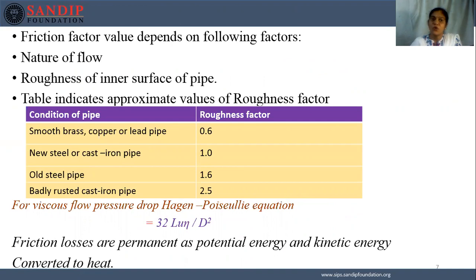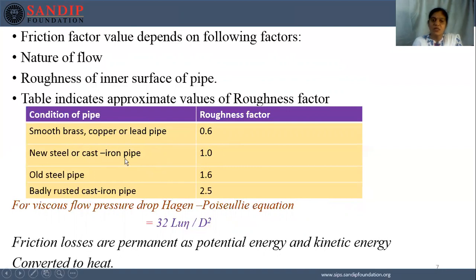So whether the flow is viscous or turbulent. Then the second is the roughness of the inner surface of the pipe, and this table indicates the condition of the pipe and the roughness factor. If you observe this table, it indicates that a badly rusted iron pipe has a higher roughness factor, whereas smooth brass, copper as well as lead pipes have a lower roughness factor.